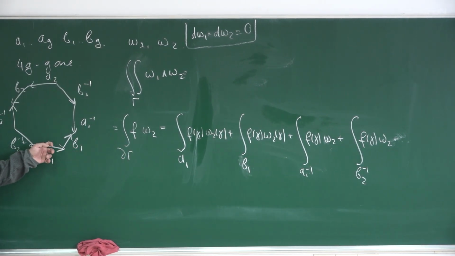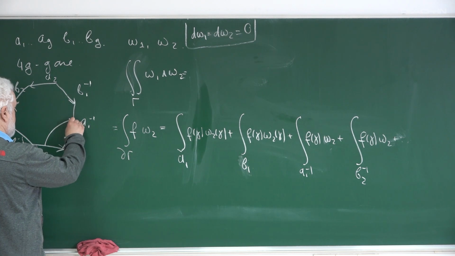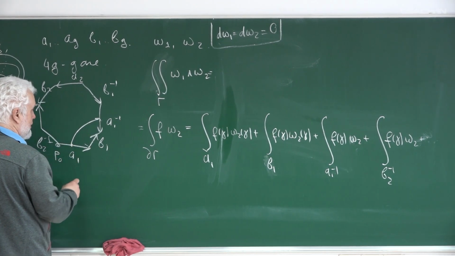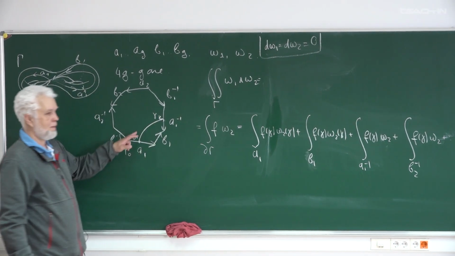You mean integration over this, over this, over this, over this. But what do we have? Let's denote the points gamma 1 and gamma 2.